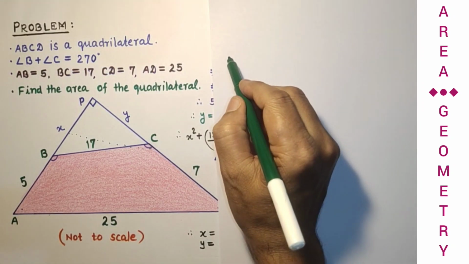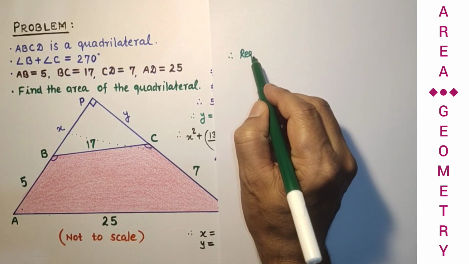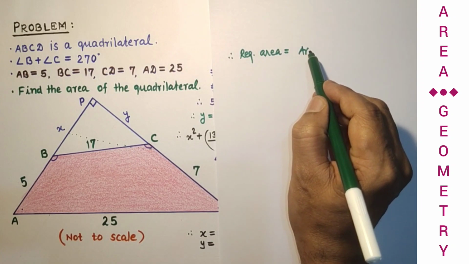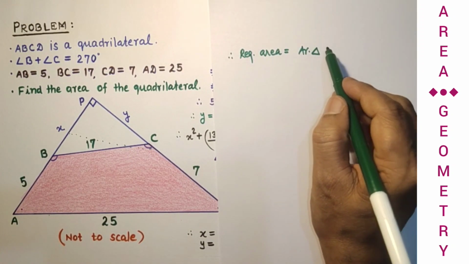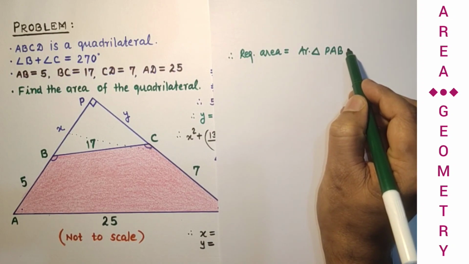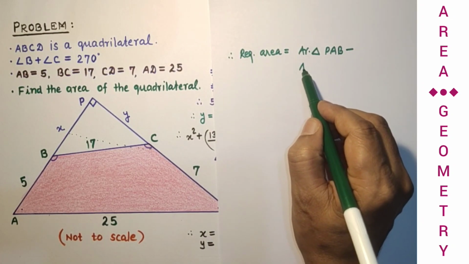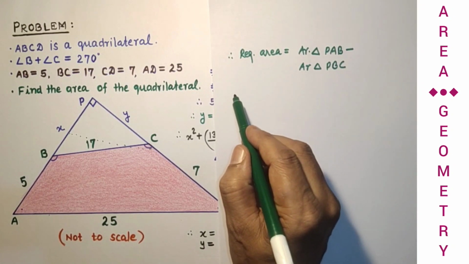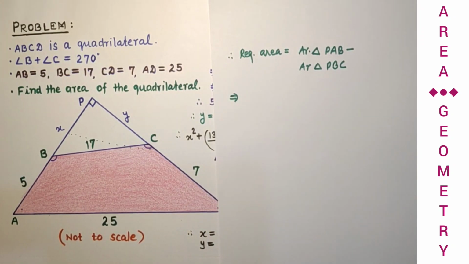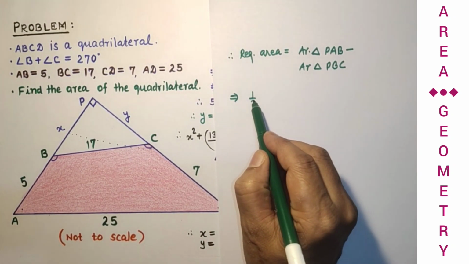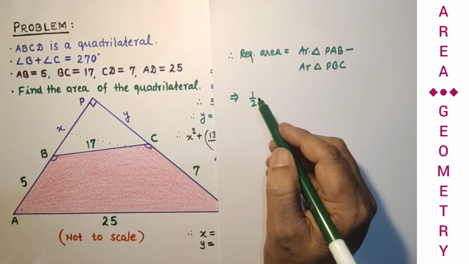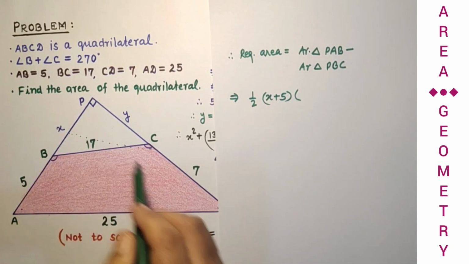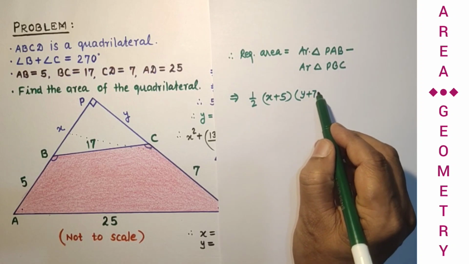So the required area is area of triangle PAD minus area of triangle PBC, which is equal to half base, this PA, which is x plus 5, into this height y plus 7.